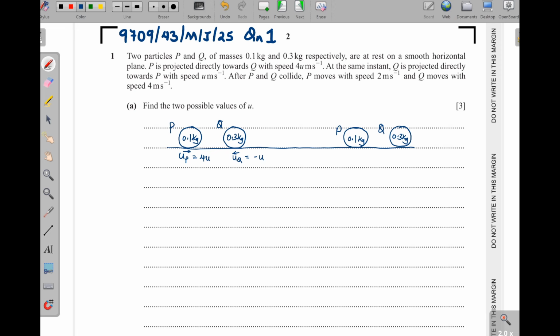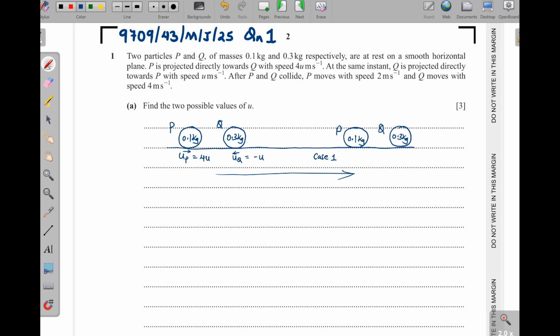Remember, momentum is the product of mass and velocity, a vector quantity, so direction has to be taken into consideration. Now, here we have case 1.